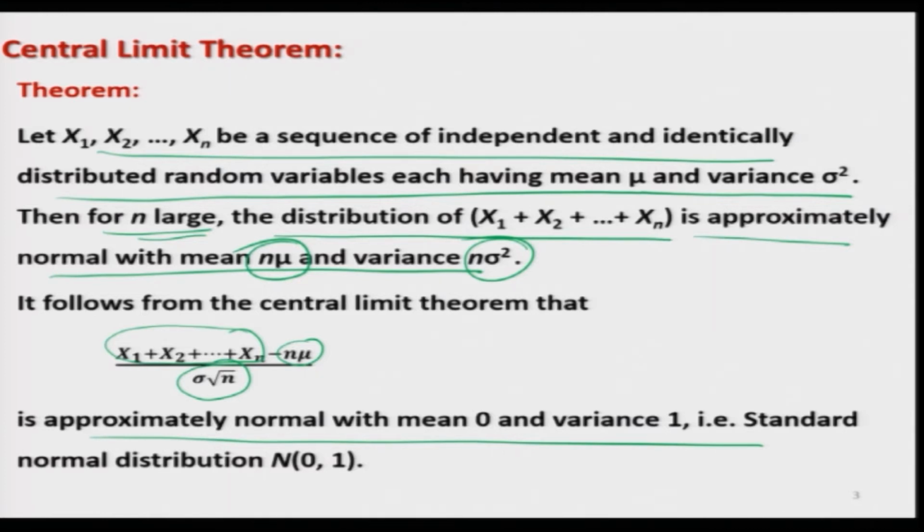Now you can see that if you write this as x1 plus x2 plus ... plus xn divided by n, minus mu, this result is converted into the sample mean x bar n. So both options are there, and I will try to explain.